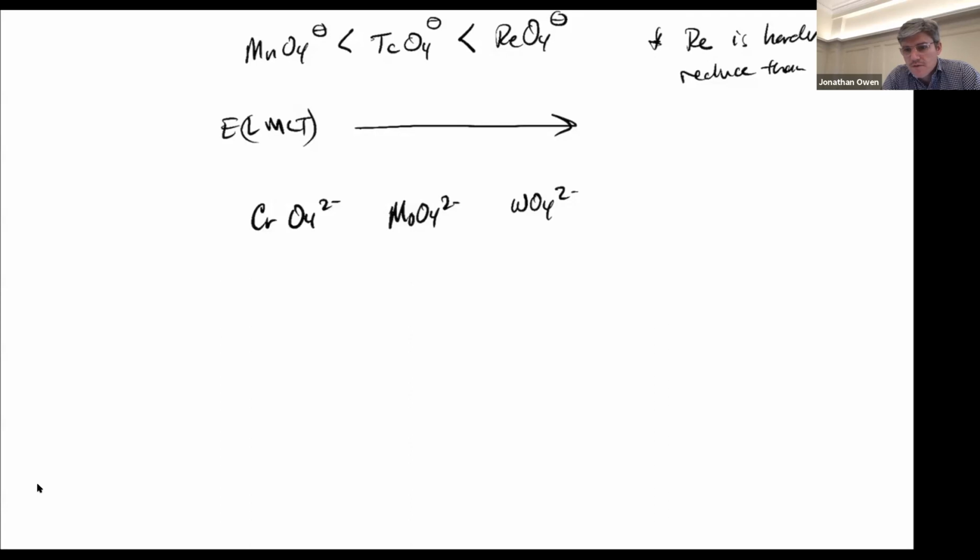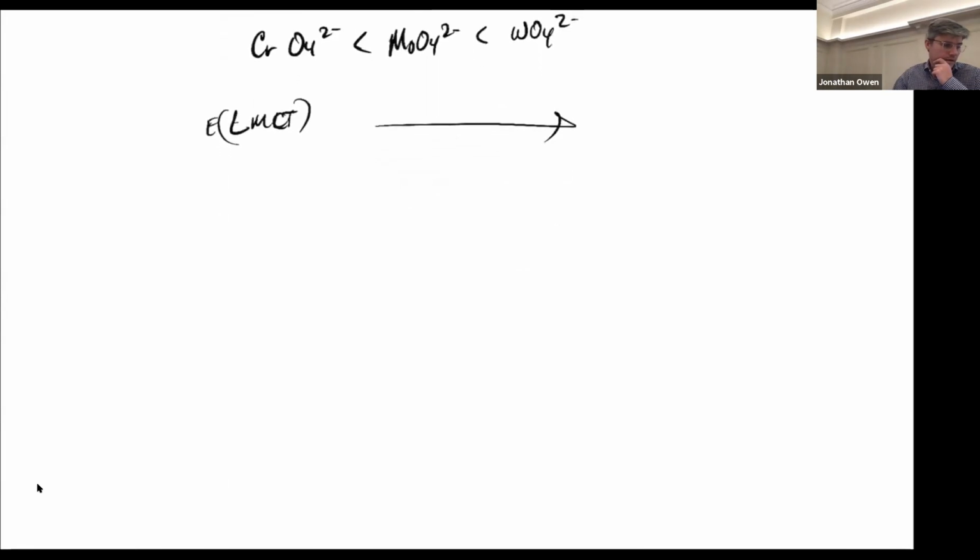They happen in the same column of the periodic table. You got to remember tungsten though. All right, so same trend here. The energy of the LMCT goes up.